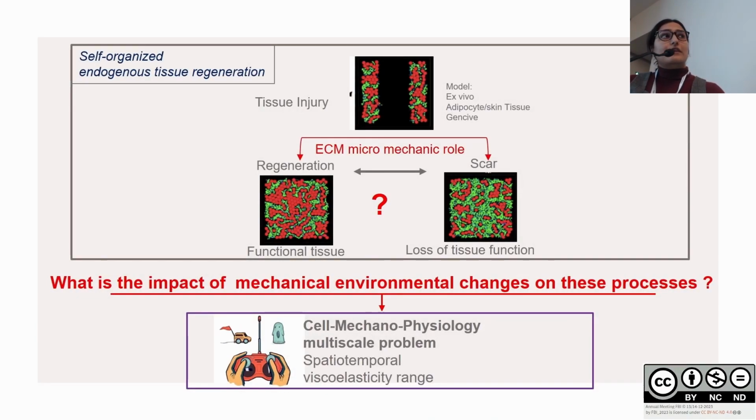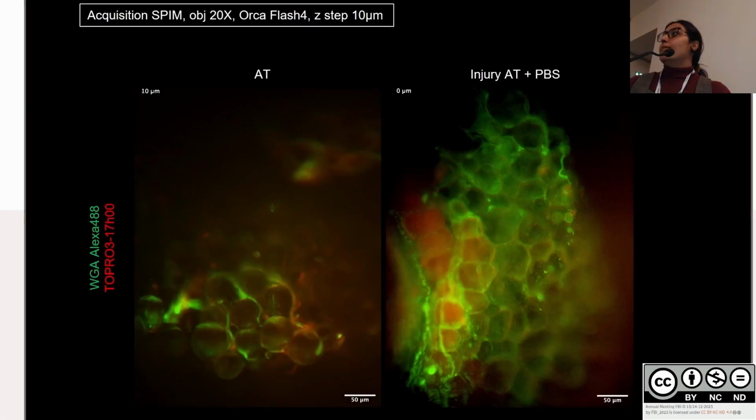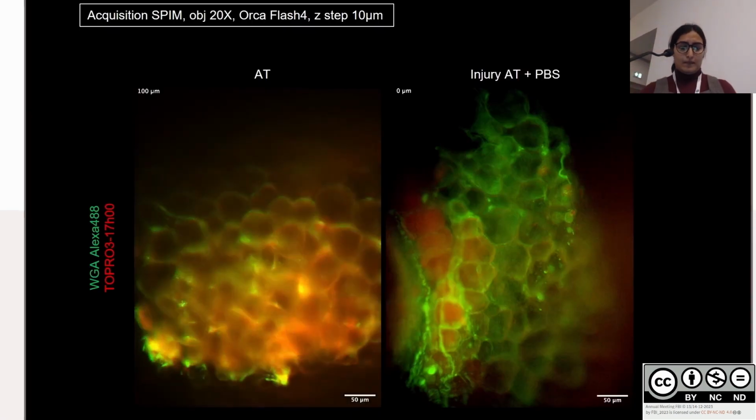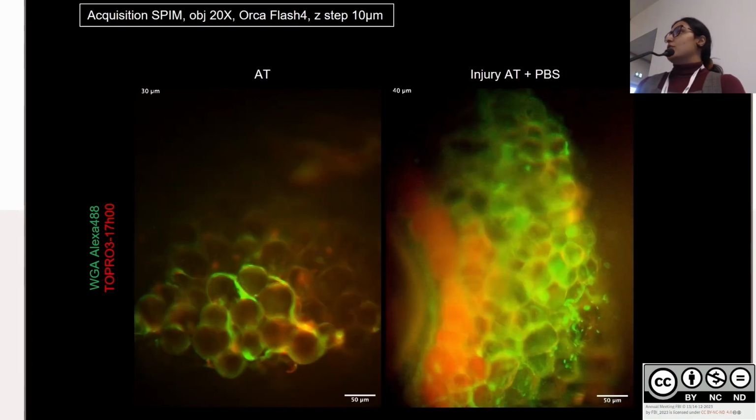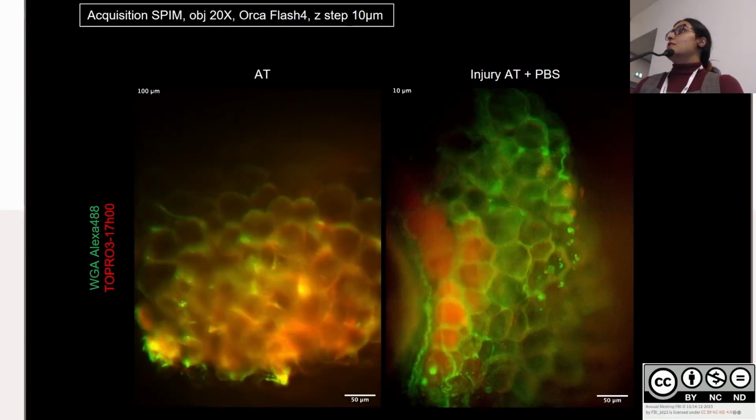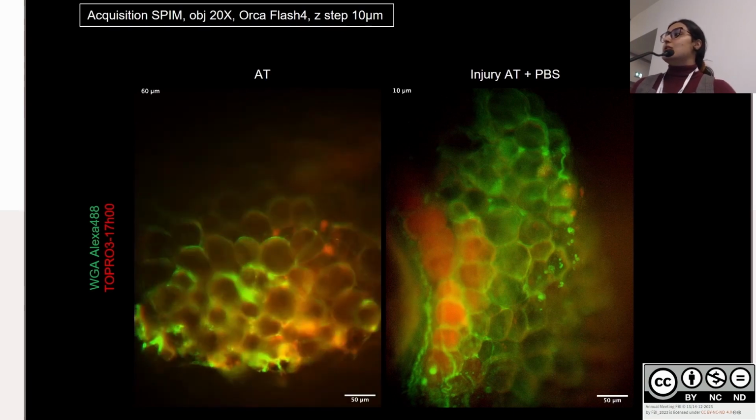And we also have a team working on a mathematical model which allows us to understand that regeneration and scarring also depend on the micromechanics of this ECM. So to give you an idea, this is the adipose tissue, and this is the adipose tissue treated with PBS and some staining done on it.